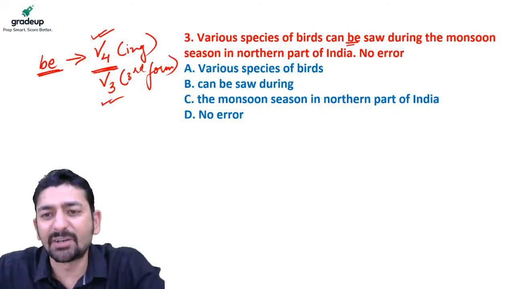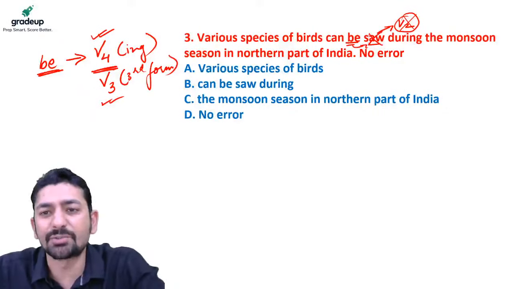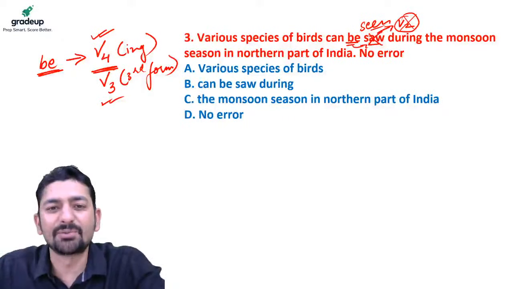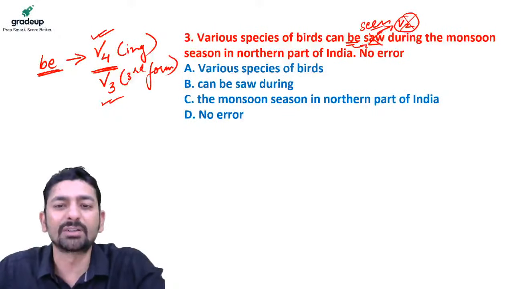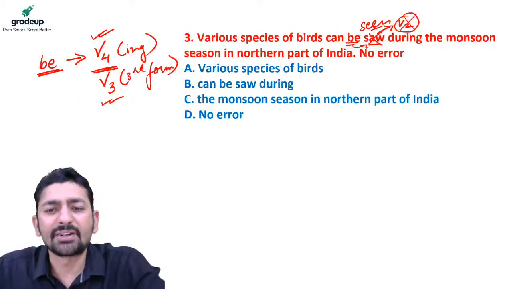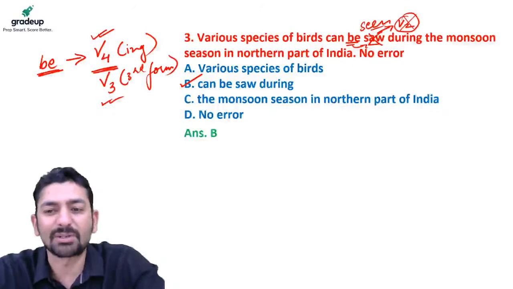But here, after be, saw is being written. Saw is the second form of the verb. You cannot write the second form of the verb after be. It has to be seen, because this is in the passive voice. So the sentence should be, various species of birds can be seen during the monsoon season in the northern part of India. So the error should be here in part B. Whosoever said B was absolutely correct in this one.